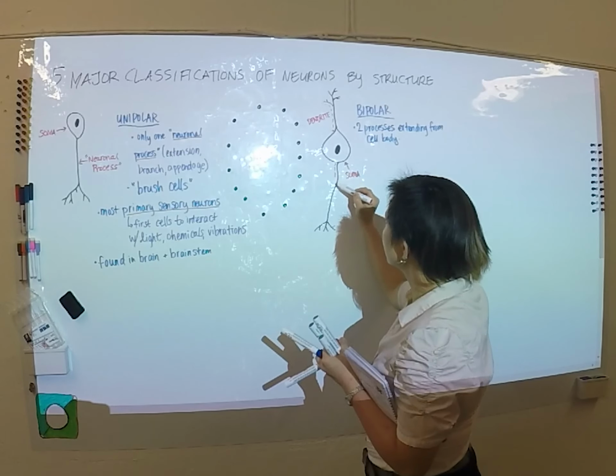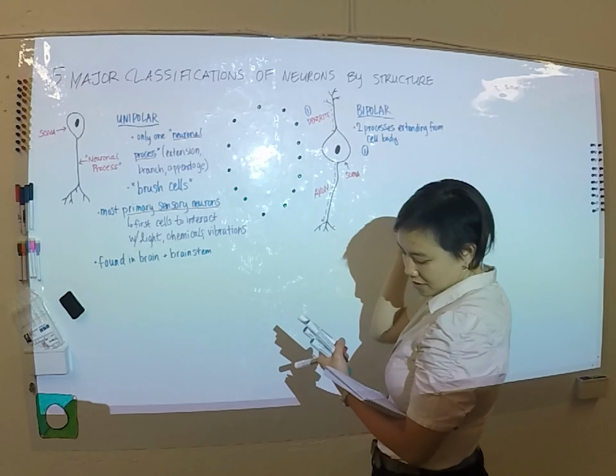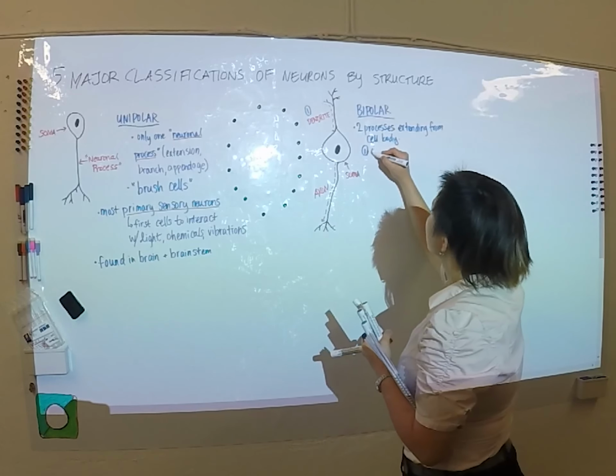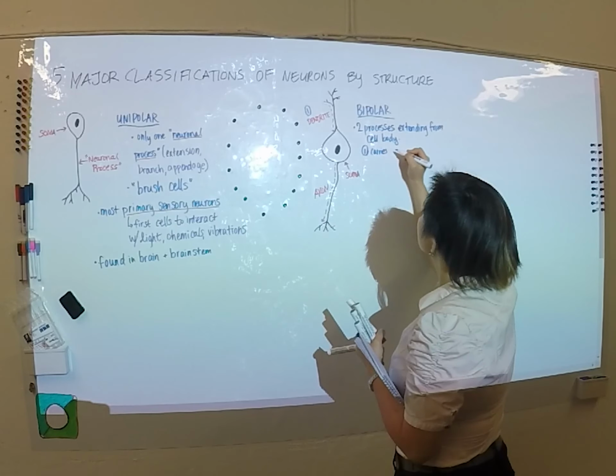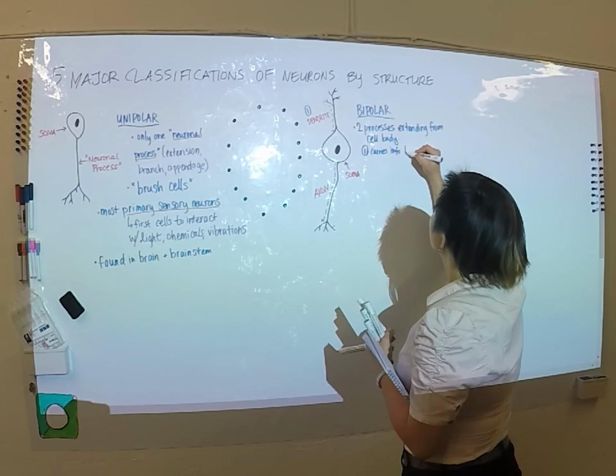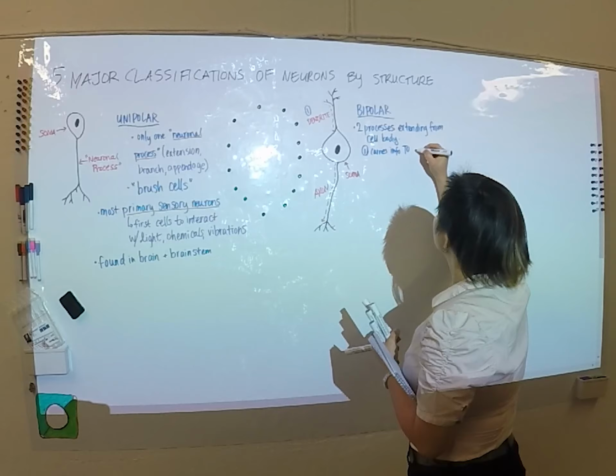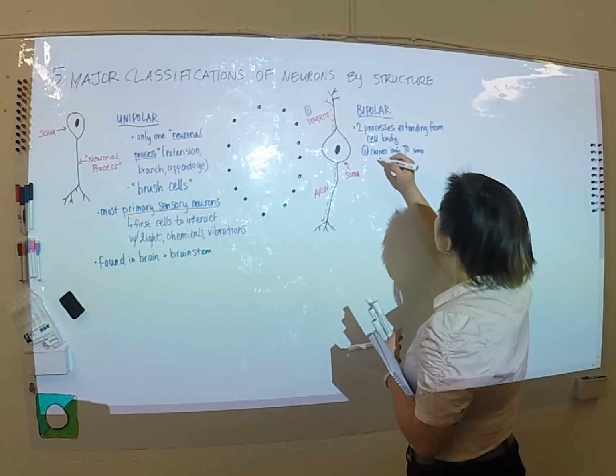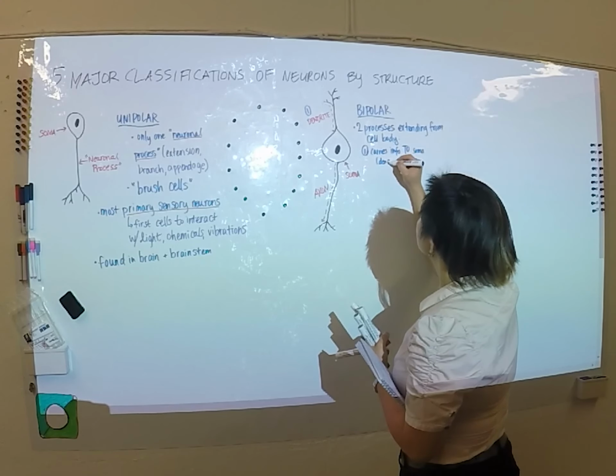Okay. All right. So the first one is our dendrite, which carries info to the soma, aka it is a dendrite.